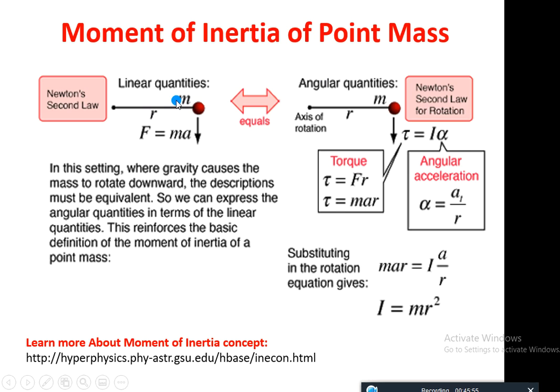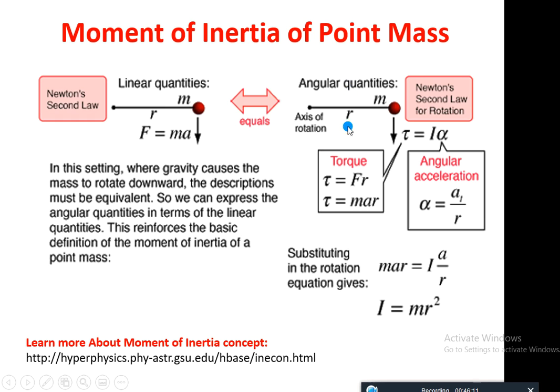In the linear case we have a force, Newton's force, that is equal to ma. And for angular quantities we have two kinds: one is the moment and the other is the torque. What is torque?